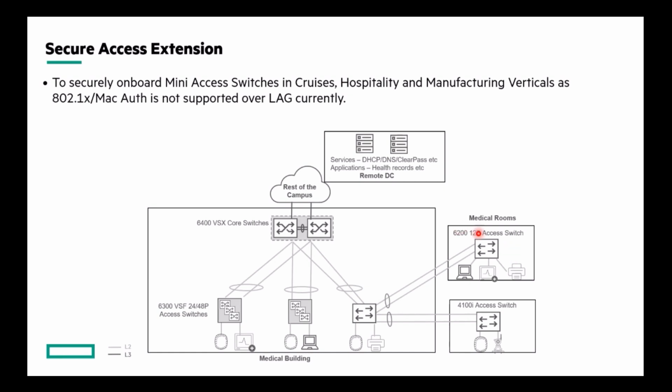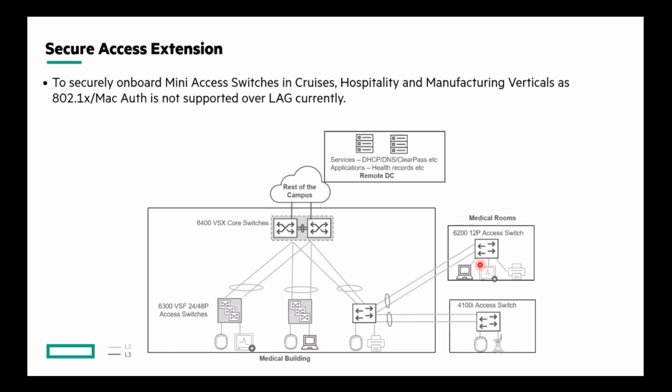In these medical rooms or outside rooms, like in manufacturing verticals, they will have a limited number of end devices, around 8 to 12 in such spaces. They want to secure even those end devices because they are in an isolated environment. So how do they do it?